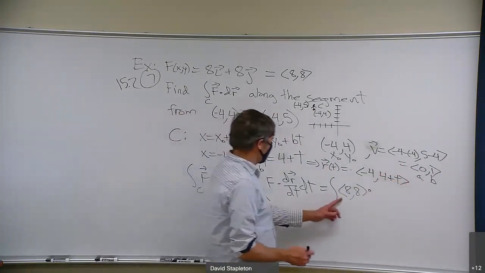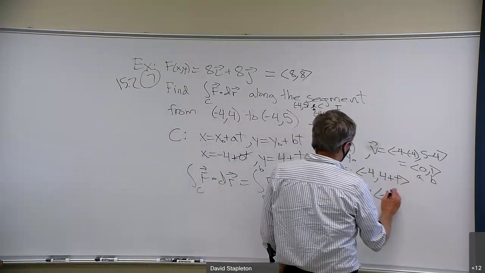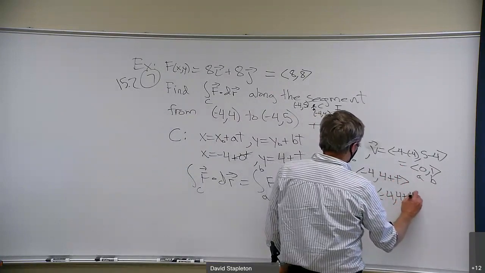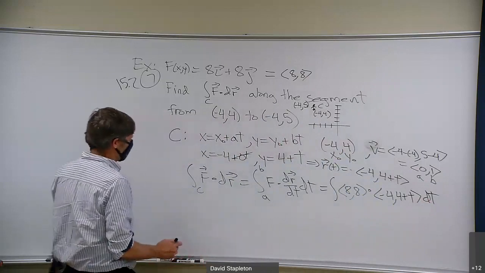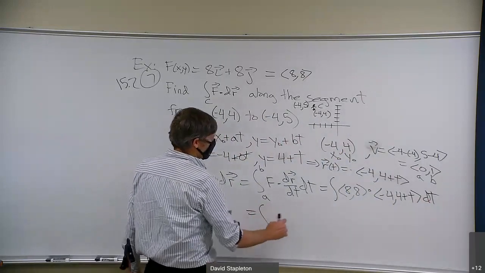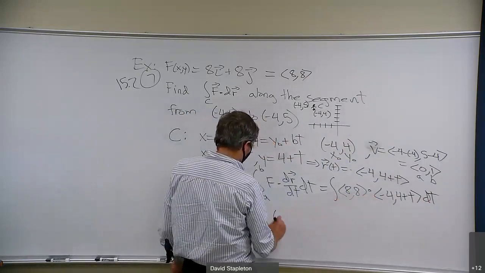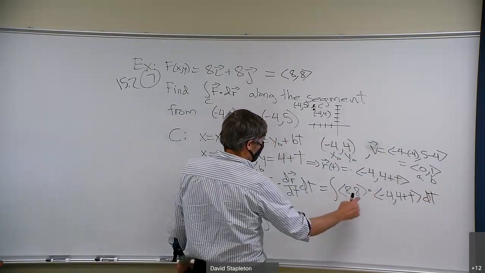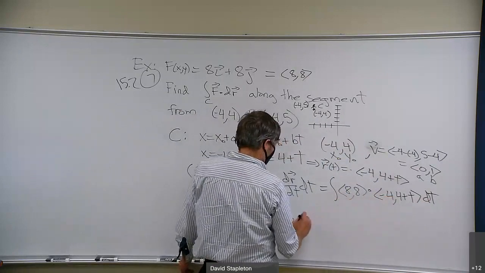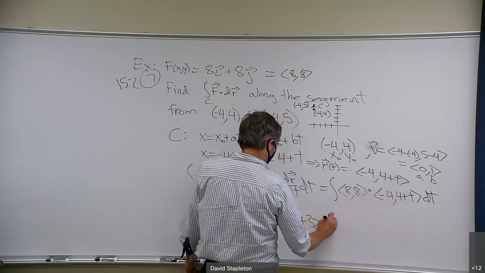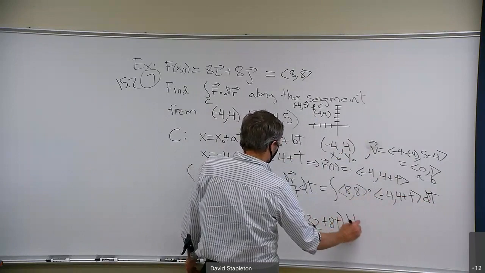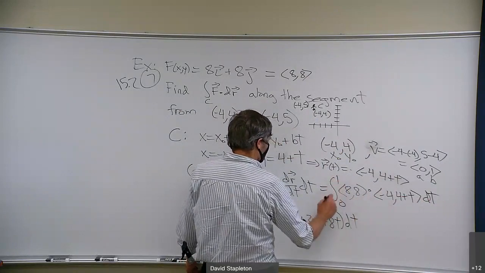So it's 8, 8 dot this vector 0, 1 dt. That's all you have to do to evaluate that line integral. And so 8 times -4 is -32, plus 8 times 4 is plus 32, plus 8 times t, all integrated with respect to t. And t went from 0 to 1 on here.